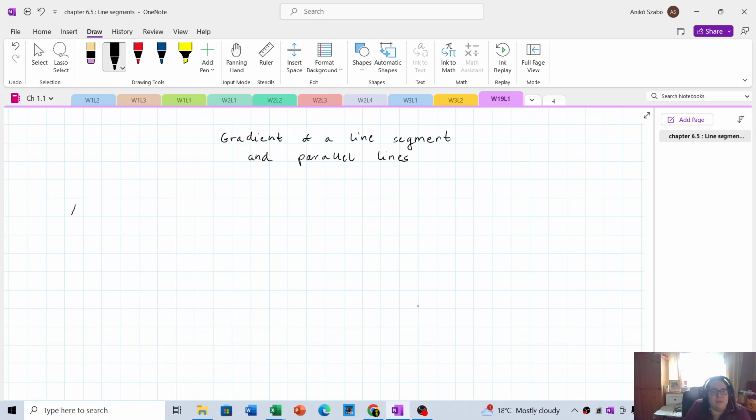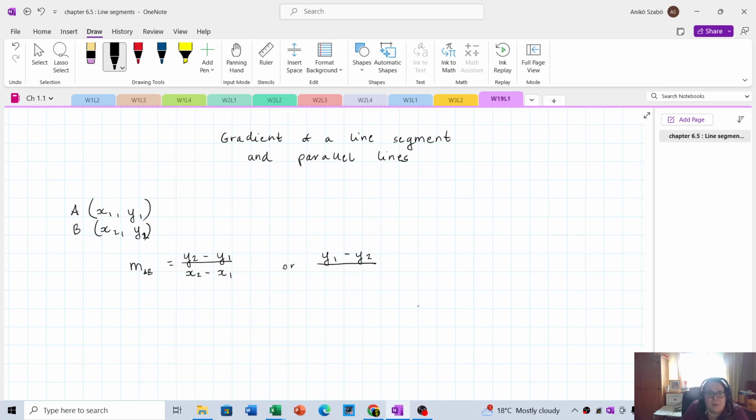So if I've got the point A and the point B with these coordinates, then the gradient of the line AB is y2 minus y1 divided by x2 minus x1, or you can subtract them the other way around, it doesn't matter.